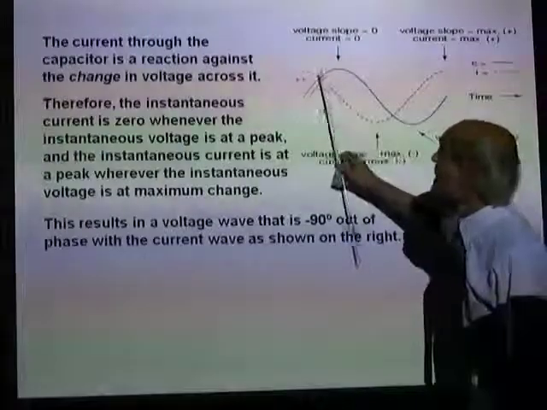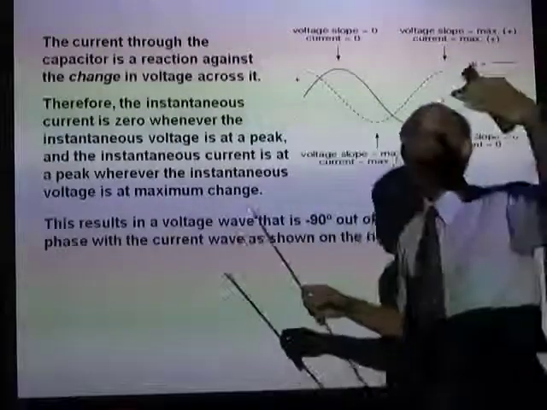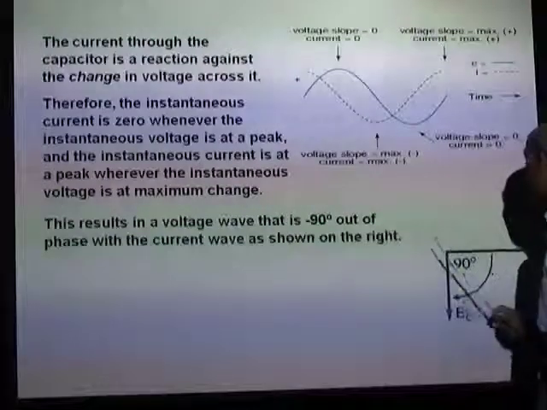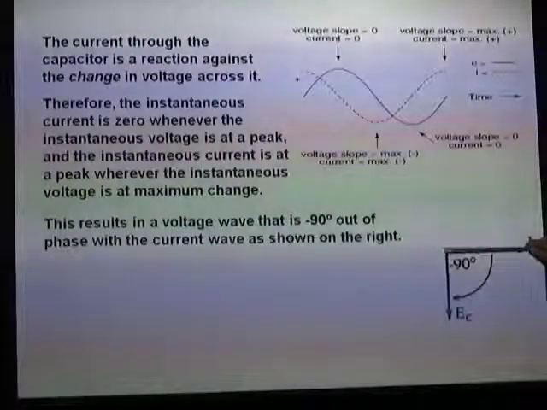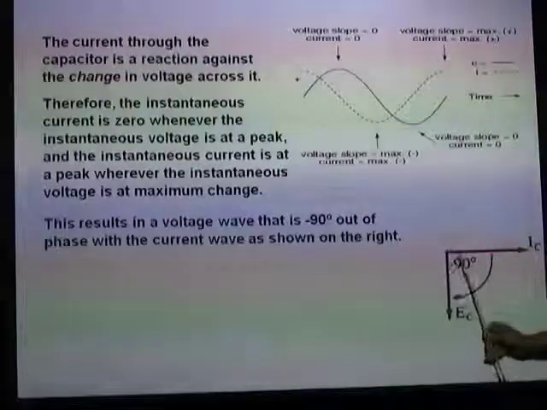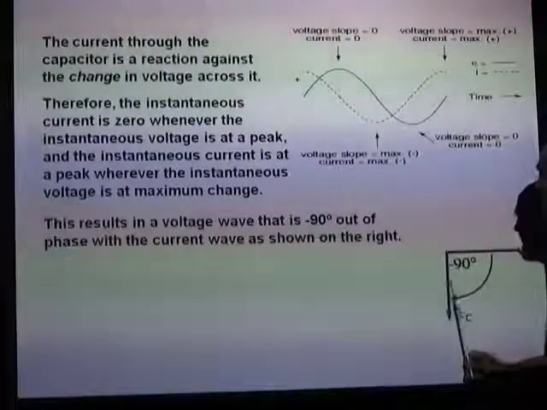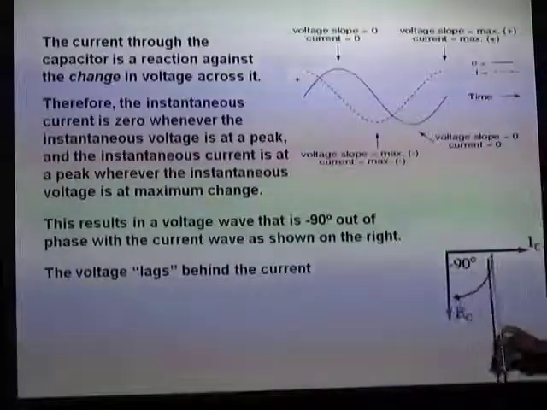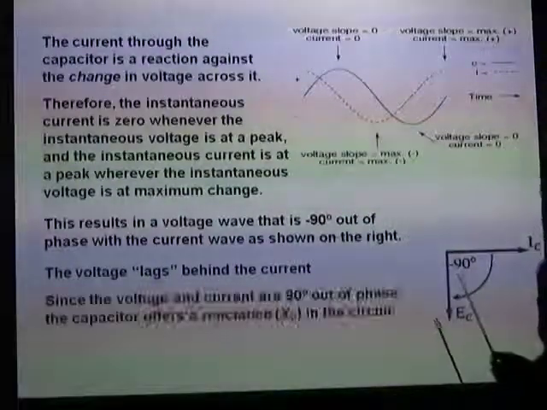So we say that current is ahead of the voltage by 90 degrees. There you are. The current is ahead of the voltage by 90 degrees. That's the representation. We say the voltage lags behind. Voltage lags behind the current by 90 degrees.